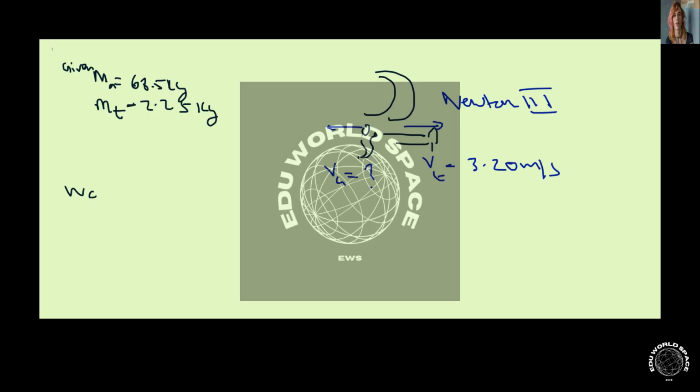We want to find the velocity of the astronaut. Here we're going to use the law of conservation of momentum, which says that the initial momentum of the system equals the final momentum of the system.